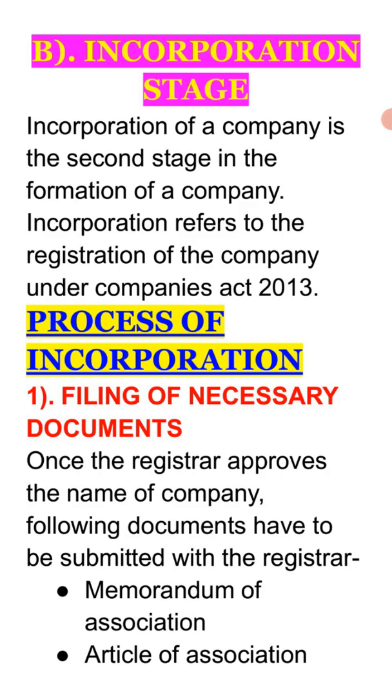And what are these important documents? See over here. The very first is the memorandum of association, which is considered one of the principal documents of the company. Thereafter, the articles of association, another important document of the company that we are going to discuss later in detail, both of them.